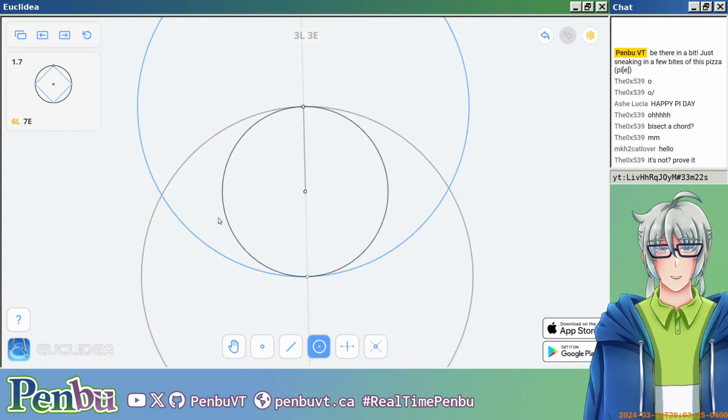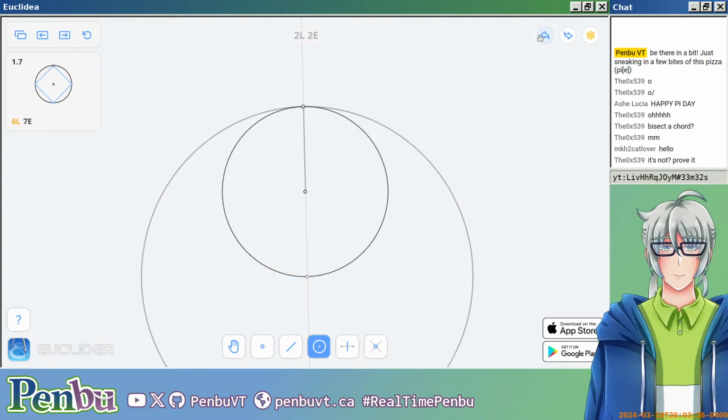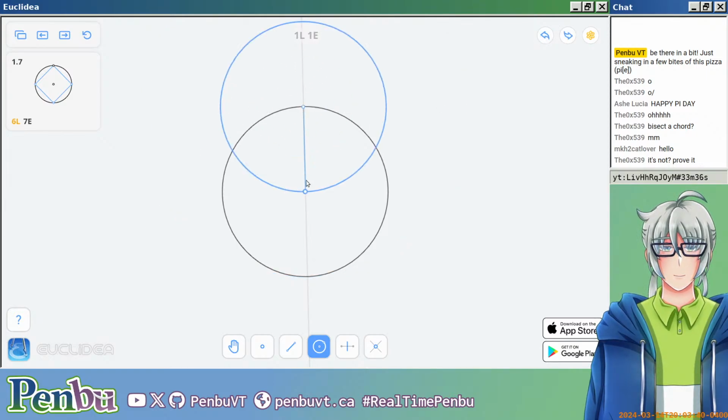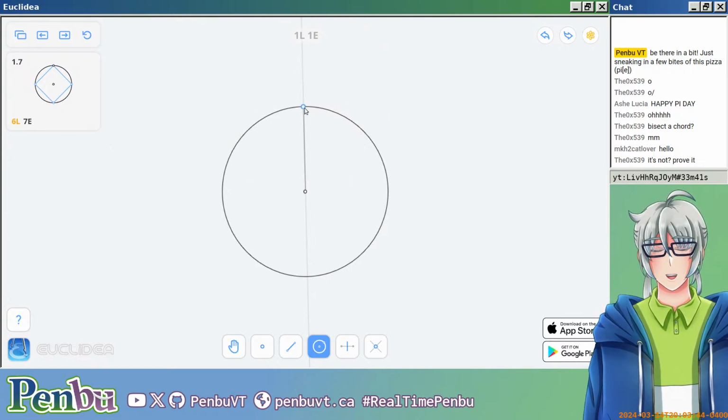Because yeah, sure, we can do this and we get this point, but then that's the same as using the bisector tool. So is there another way to calculate 90 degrees?